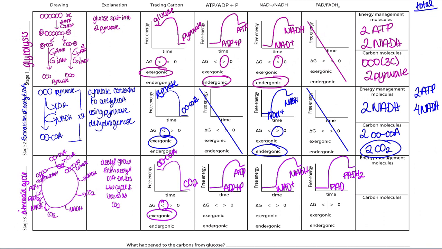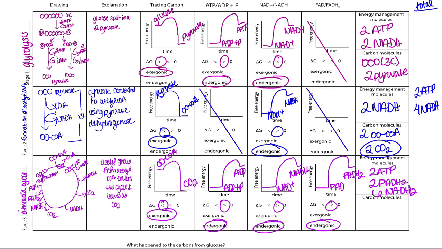And each of these reactions, you'll notice that I have drawn them as endergonic reactions. So the formation of ATP, the reduction of NAD plus to NADH, and the reduction of FAD to make FADH2 are all endergonic reactions, which means their delta G's are all greater than 0. So at the end of this stage, in terms of our energy management molecules, we have made 2 ATP, 2 FADH2, and 6 NADH overall.